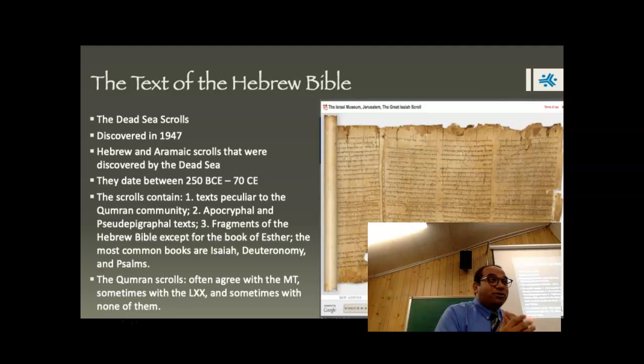Sometimes when they are translating, they find some differences between the Hebrew text and the Septuagint, the Greek text. So they ask, why do we have differences here? Does the difference come from the fact that the translator of the Septuagint was using a different Hebrew text than the Masoretic text?